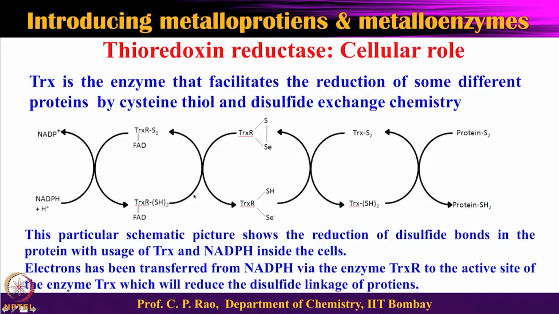So, as a selenium and SH, and this is coupled with the SeS bond connected in the thioredoxin. So, again this will come to the TRX SH2, and this particular reduced form will reduce the protein disulfide to protein thiol or protein cysteine.